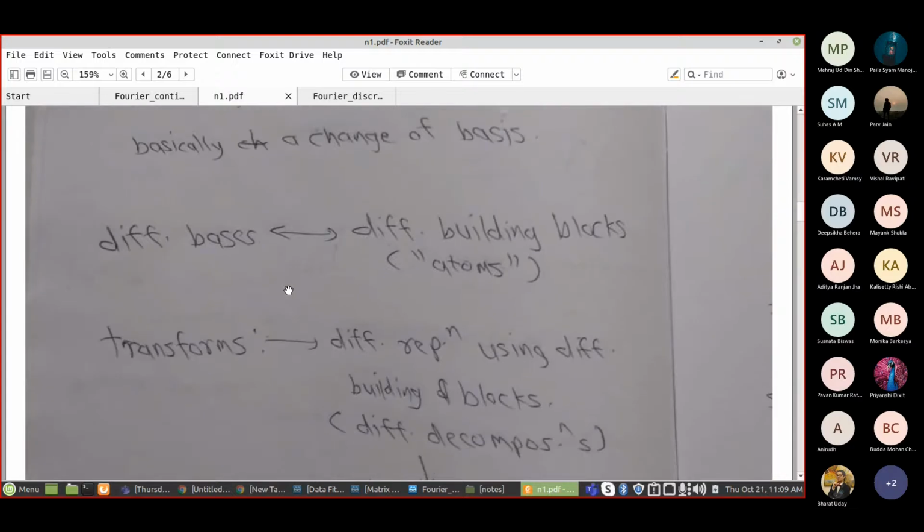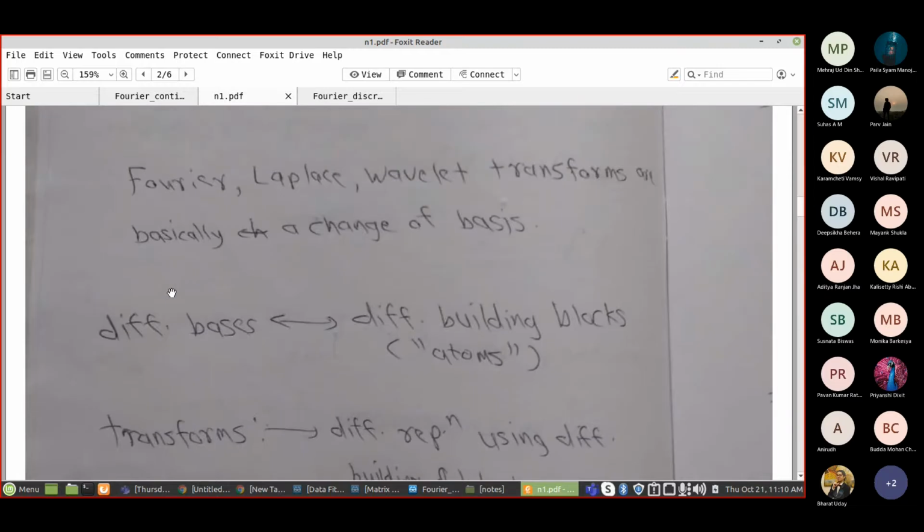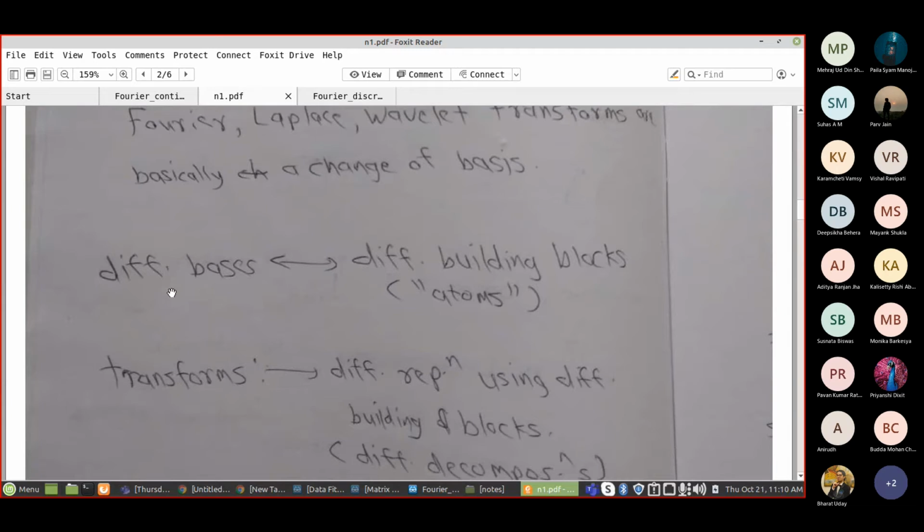Another advantage of using a different basis is that it brings out some features. If you are analyzing some signal, it may bring out different features of your signal, and if you are analyzing data, it may bring out different features of your data.